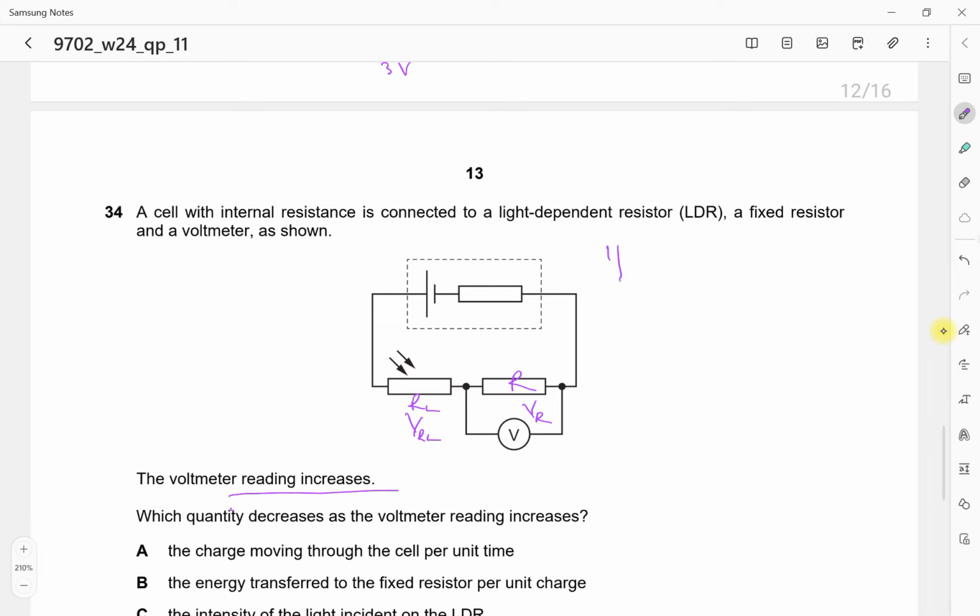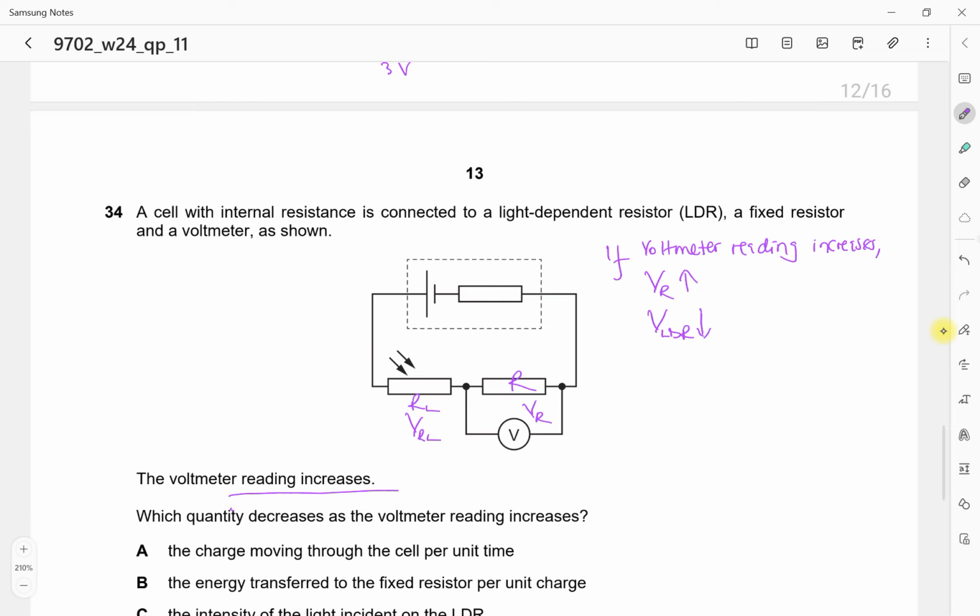So if the voltmeter reading increases, then it means the PD across the fixed resistor has increased. And if that increases, it means the PD across the LDR must have decreased.